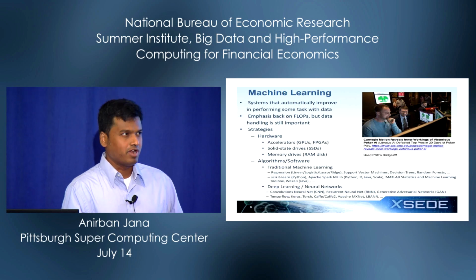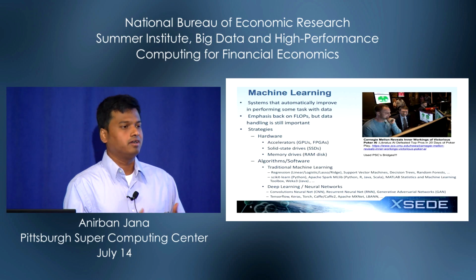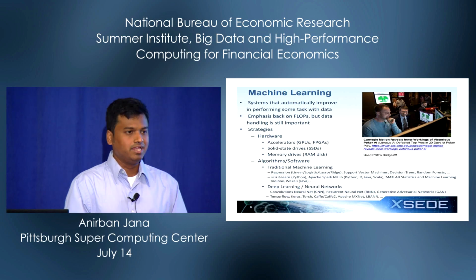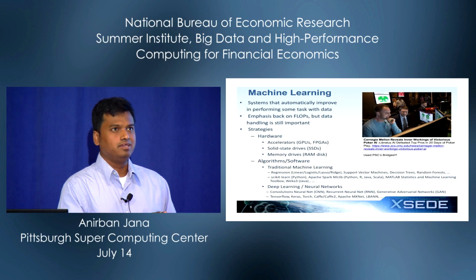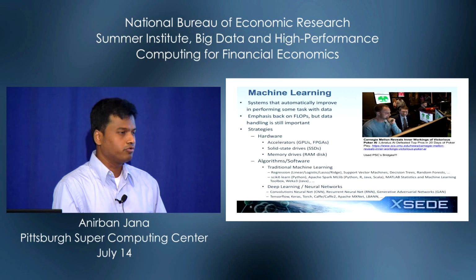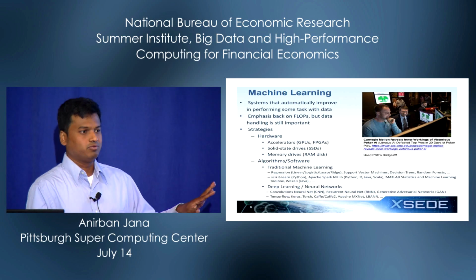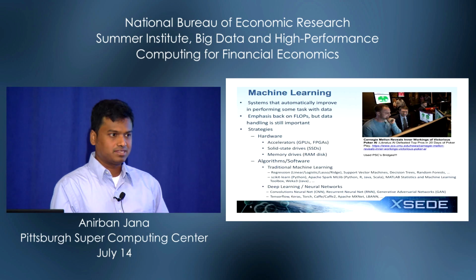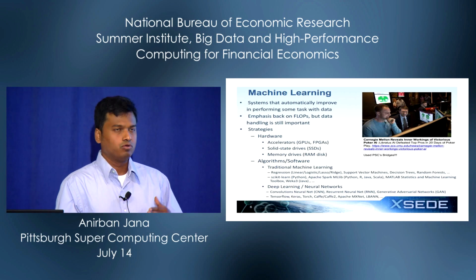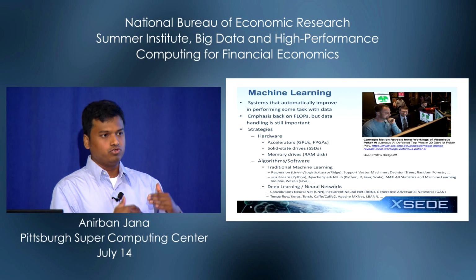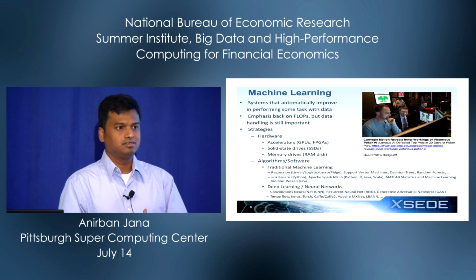It was around the middle of this last decade that deep learning methods came into being, and the performance of these methods just took a big jump. Neural networks have been around for a while, but they were not doing that well compared to some of these other methods, and then deep learning came in. Deep learning essentially is many, many layers of neural networks, not a few, but several layers.